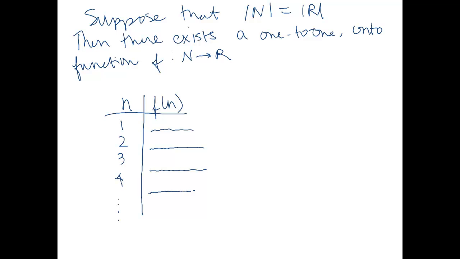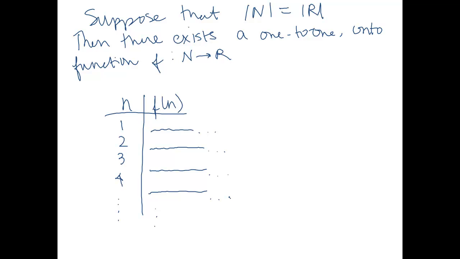Okay? So on the left-hand side, I've got my elements of N, and on the right-hand side, I've got my elements of R. And these are real numbers, so they're infinite. Okay, so I know this exists.